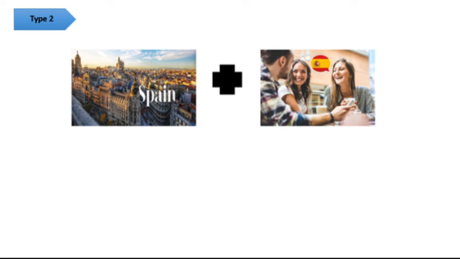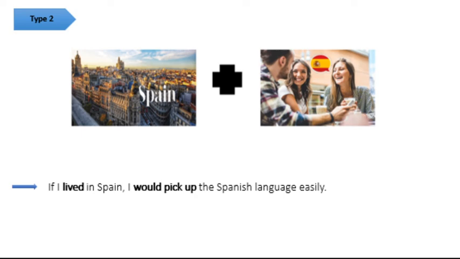The following situation. So there you can see Spain, and you can see some people speaking Spanish. So how would we describe the situation? If I lived in Spain, I would pick up the Spanish language easily.